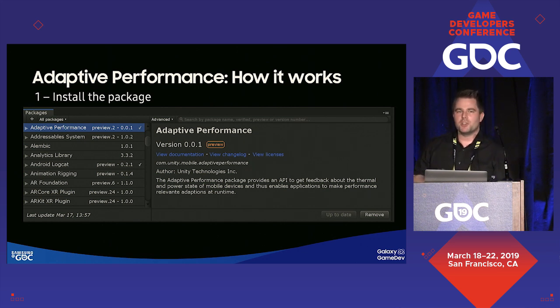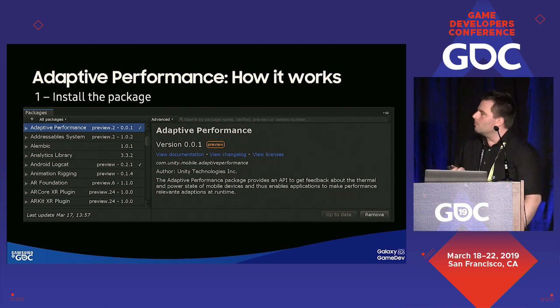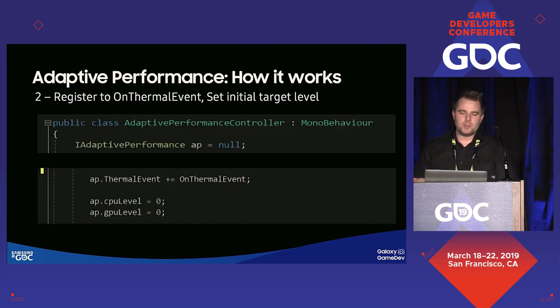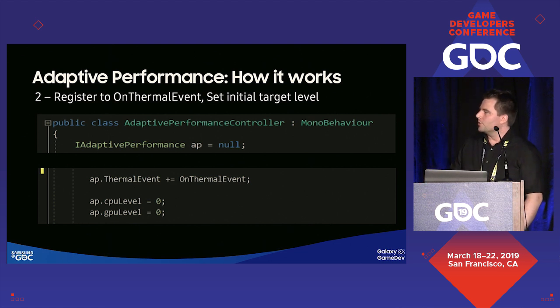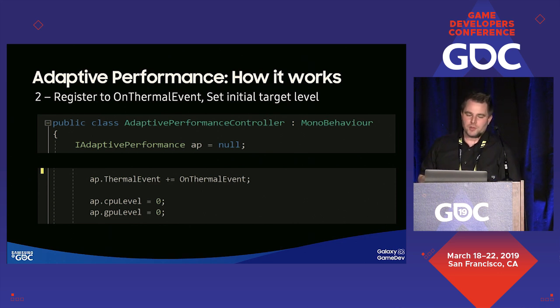There is not much more to do for you if you decide so. The thing is, we ship with all the source code. So if you don't like what we offer, you can skip all that or modify it or whatever you want to do if you think it's a better solution. But if you decide to use the Adaptive Performance Manager, it's super easy to implement: you add your script, you check for the Adaptive Performance Manager instance, and then you subscribe to the thermal events, to bottleneck events.